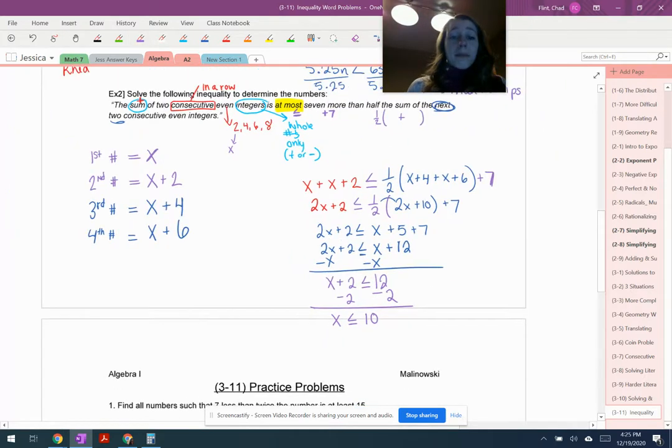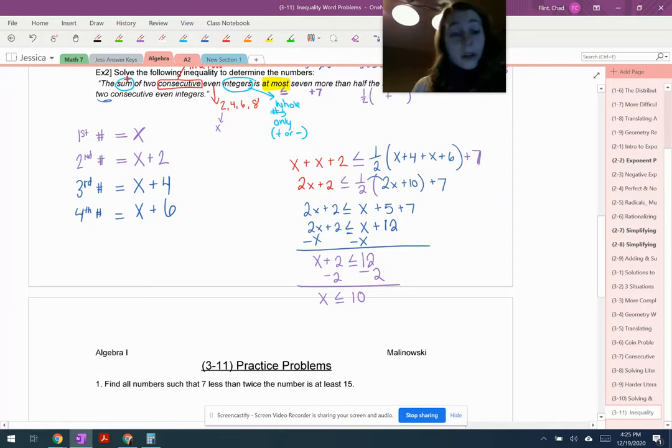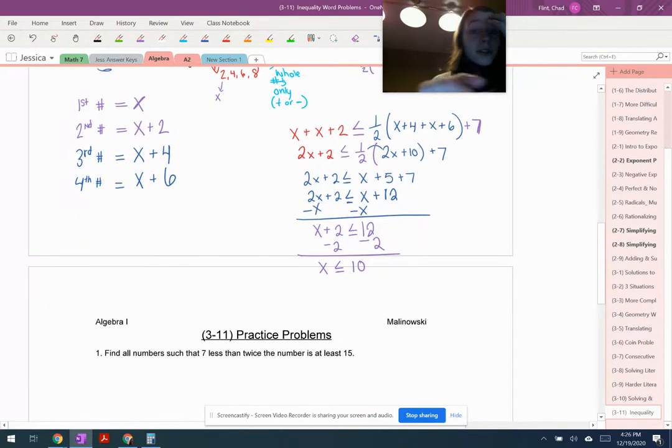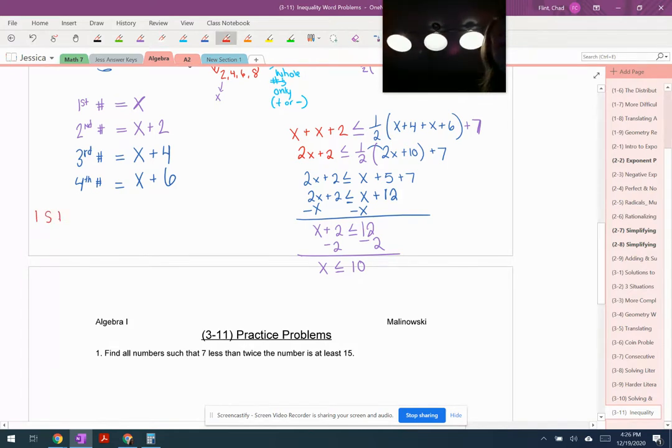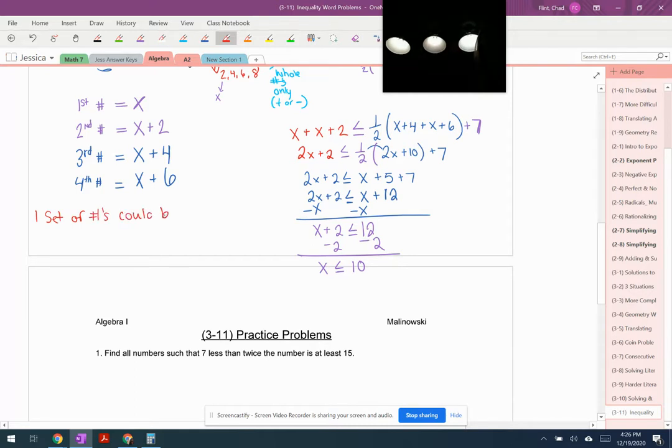So that means one set of numbers could be 10, 12, 14, 16.